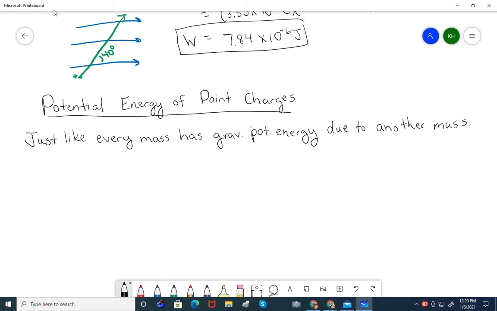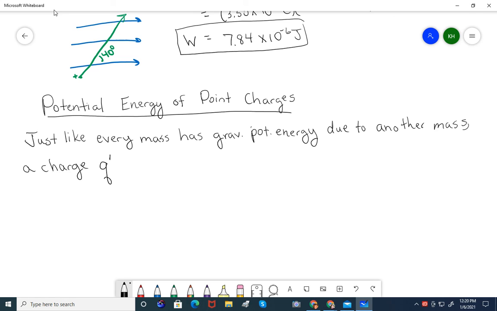In a very similar manner, a charge Q, I'm going to call it Q prime because there's going to be more than one charge, just like when we do gravity, we have more than one mass.